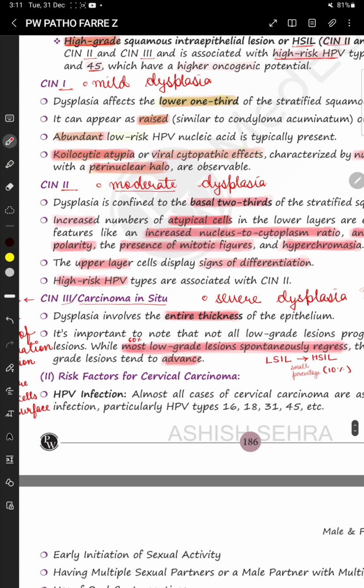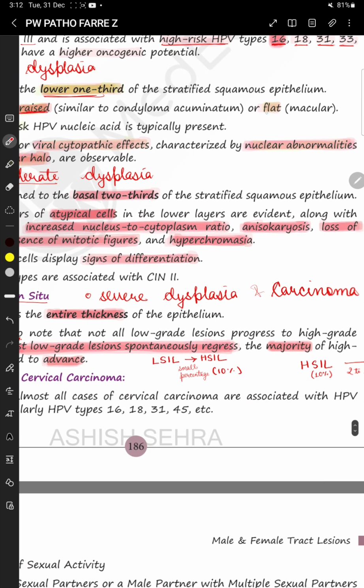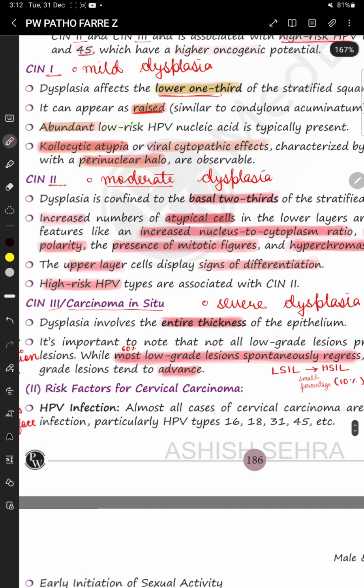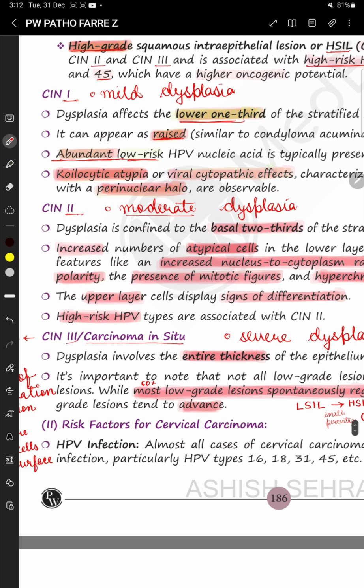CIN1 में जो dysplasia है, that is limited to lower 1/3 of the stratified squamous epithelium. It can appear as raised like condyloma acuminatum or flat like macula. In this, abundant low risk HPV nucleic acid is present, and the features are koilocytic atypia or viral cytopathic effects.